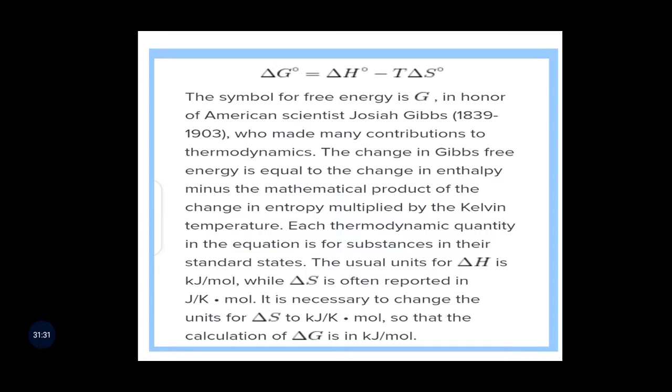You cannot work with two different units. So before you use your entropy, look at the unit. If the unit is in joule per Kelvin, you have to convert it to kilojoule, so that the calculation of your Gibbs free energy will be in kilojoule per mole.